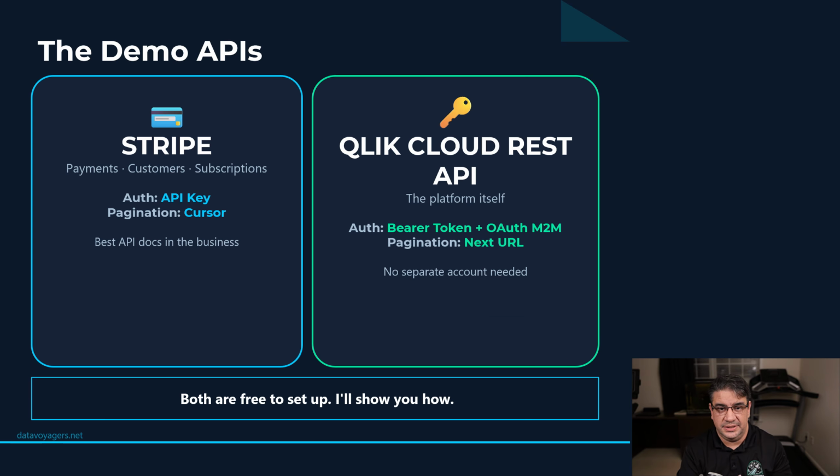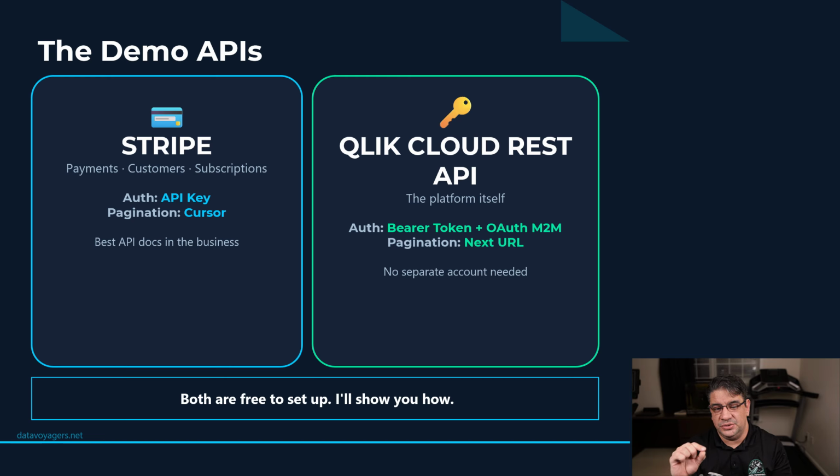And in this class, you'll be using two APIs. Okay, first is this Stripe API. It's very popular, very well documented. It's one of the best APIs that you're going to see around. And then Qlik Cloud REST API. So they have some differences, and I think those two APIs cover most of what you're going to face on a daily basis in your work.